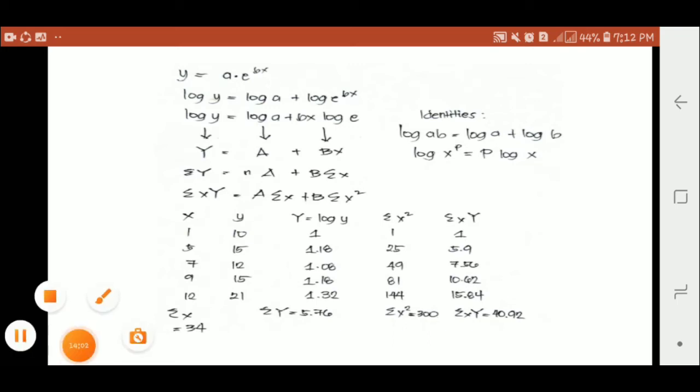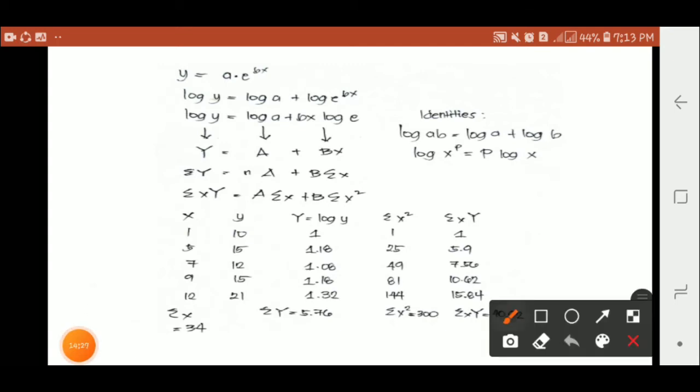There is an identity, a property of log, the product property: log AB equals log A plus log B. So in our equation we have log y equals log A plus log e^bx.